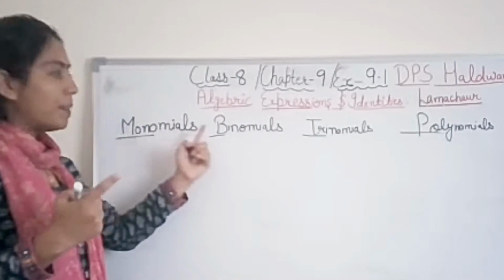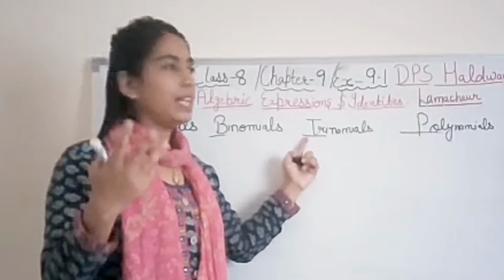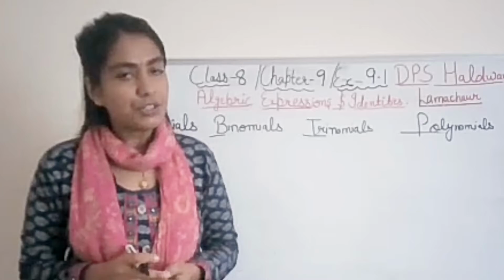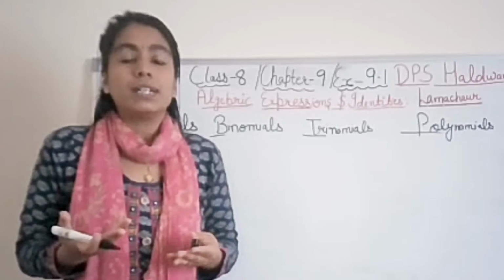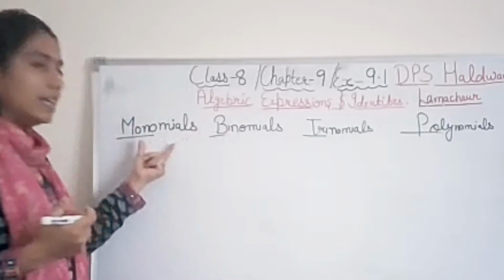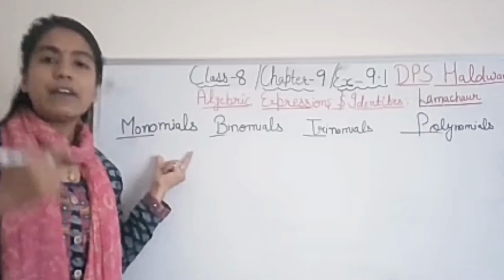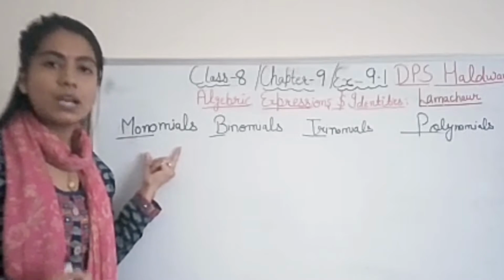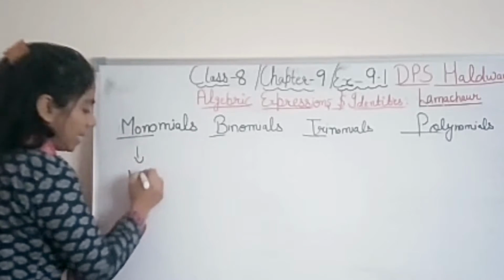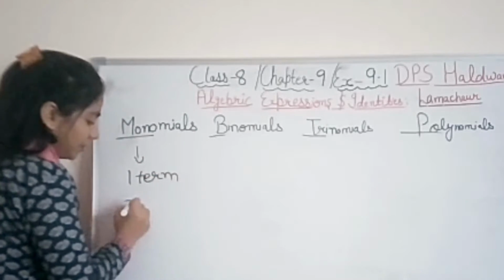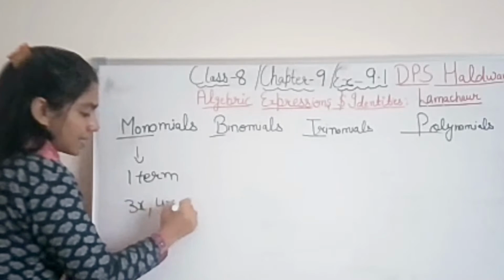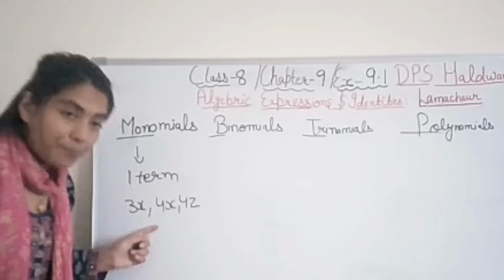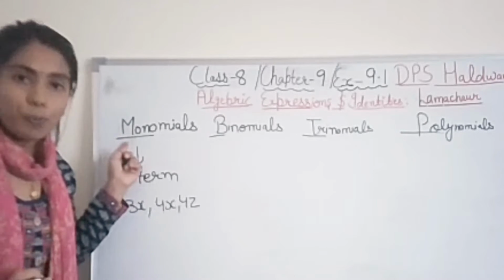Mono means 1, bi means 2, tri means 3, and poly means n number of times, that is, more than 3 terms. An expression having only one term comes under monomials. Examples are 3x, 4x, 4z. These are one term only, so they are monomials.